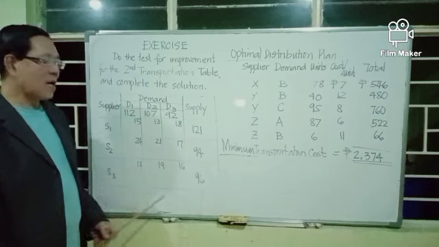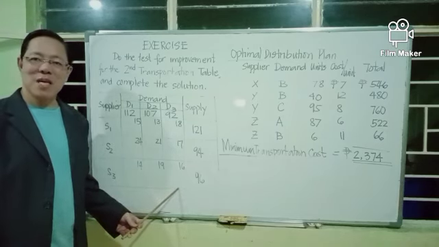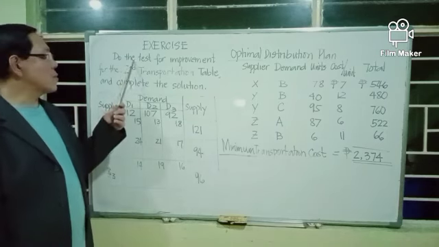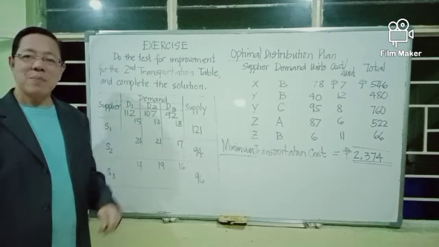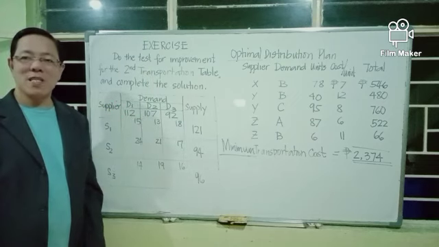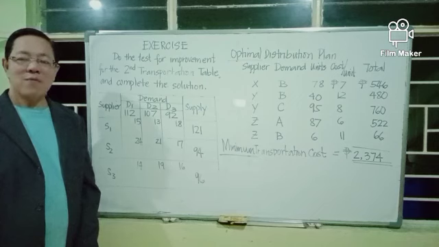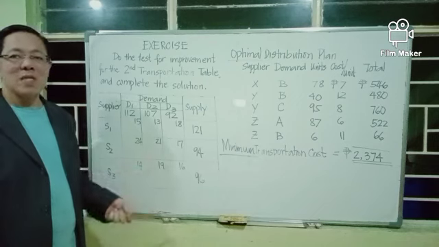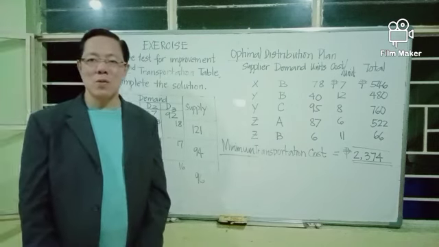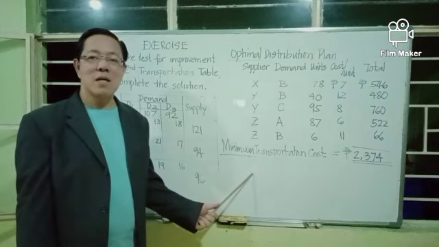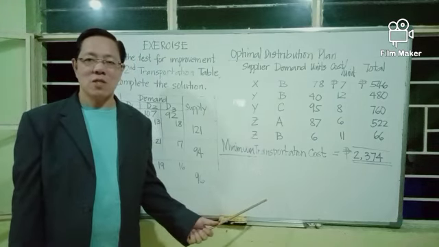Now for this exercise, you still have the same transportation table, but you will now do the test for improvement using the second transportation table. And from the test for improvement, you proceed to complete the solution until you obtain the minimum transportation cost.